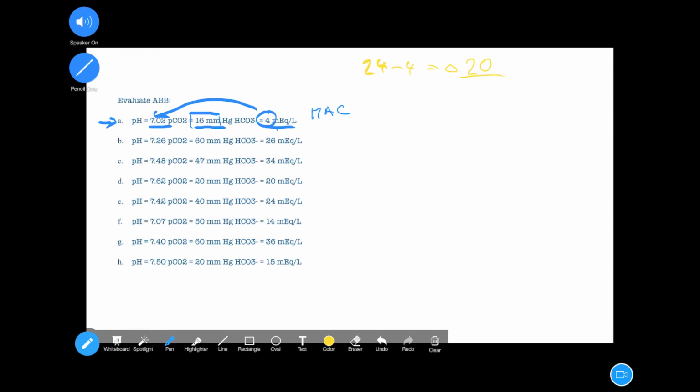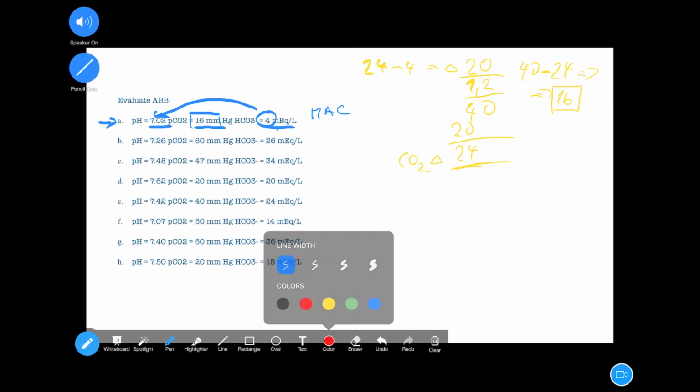So basically I'm going to check how much the bicarb decreased, and I'm going to multiply it by 1.2, and this is 24. So delta of the CO2 should be 24. So then I have to subtract 24 from 40, and what I'm getting is 16.